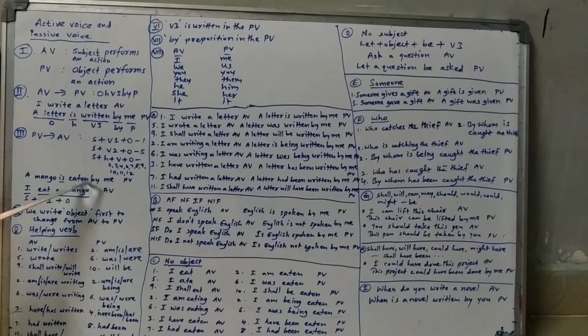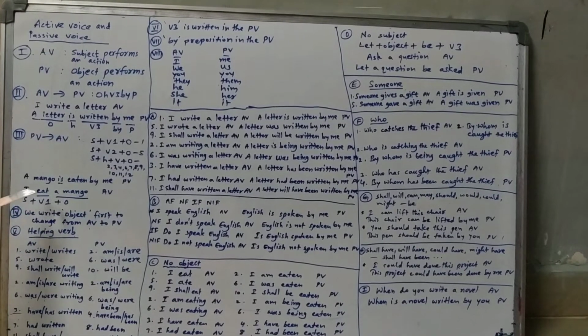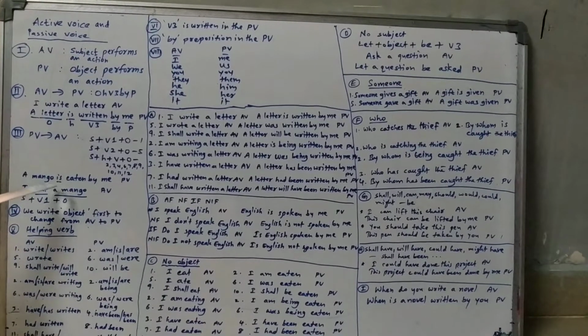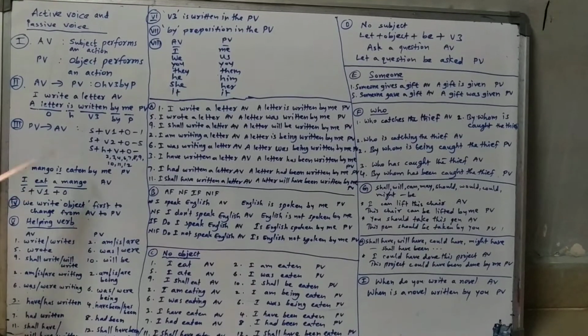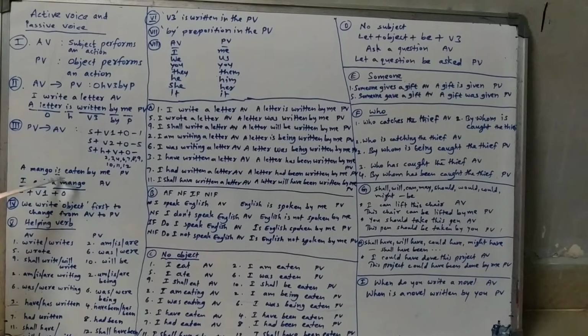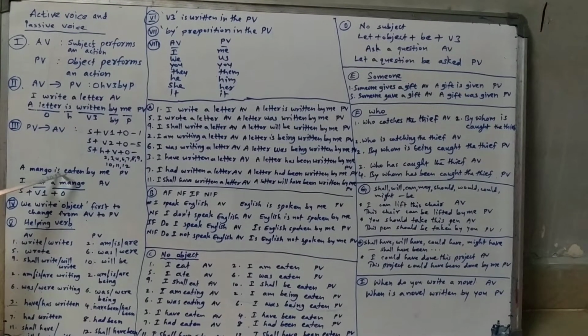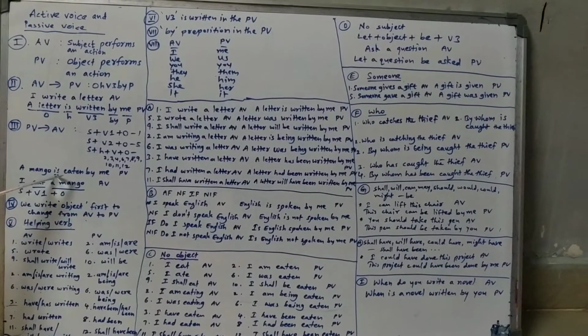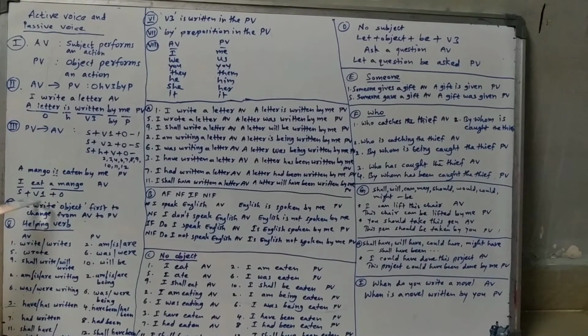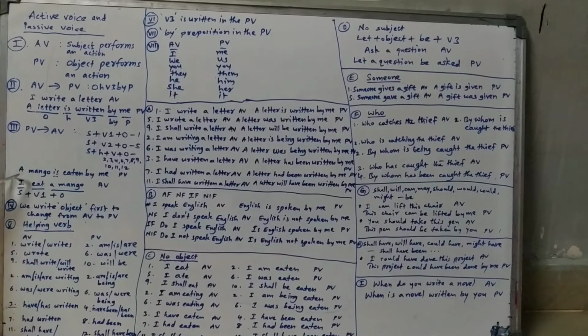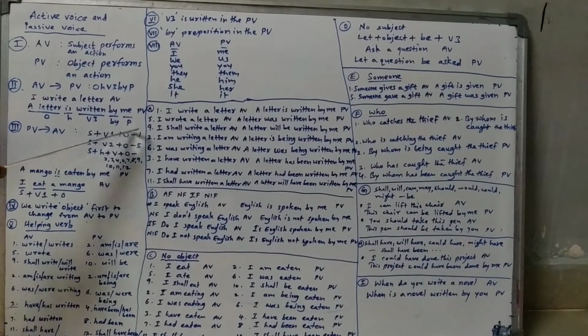For example, a mango is eaten by me. This is the passive voice sentence. We find this sentence by the helping verb. Here I have seen is as the helping verb, so I have to write this sentence in the simple present tense. In the simple present tense, the structure is subject, verb 1, object.